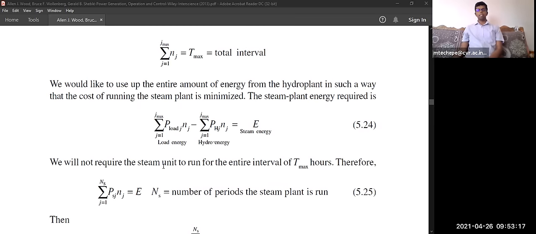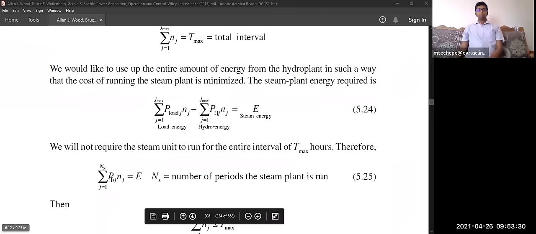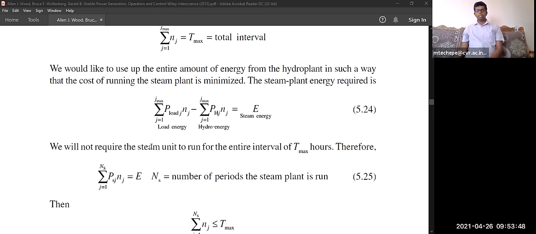We will not require the steam unit to run for the entire interval of T maximum hours.